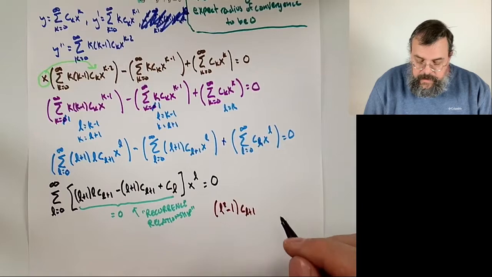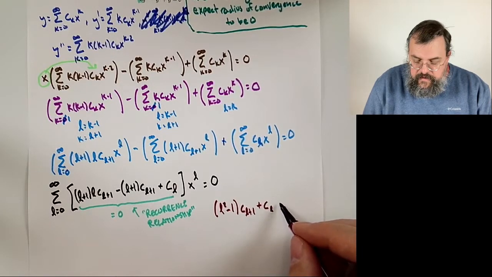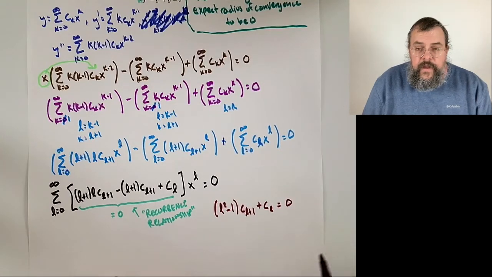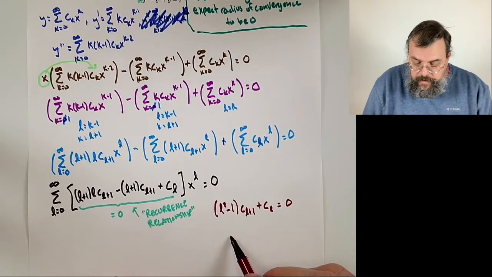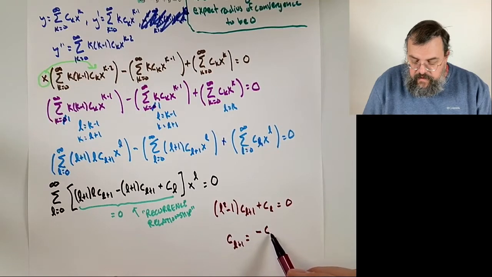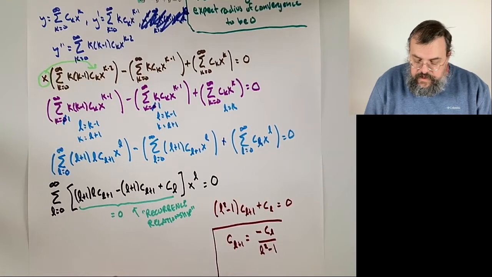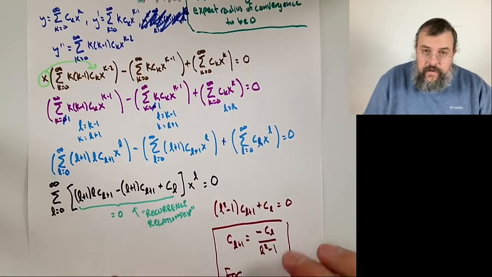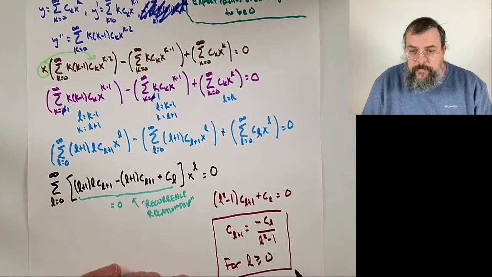And then we have our plus C_L is equal to 0. Well, okay, we can move that over and divide, and we come up with C_{L+1} is minus C_L over L squared minus 1. And there's our relationship, and we'll say this holds for when? Well, starting at 0. So for L at least 0.